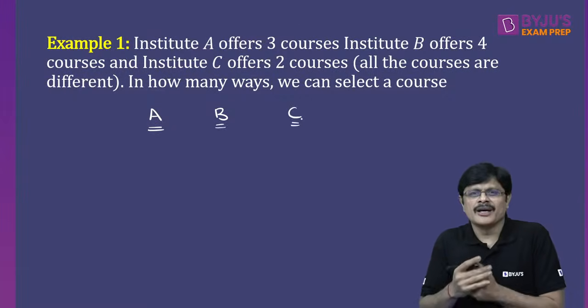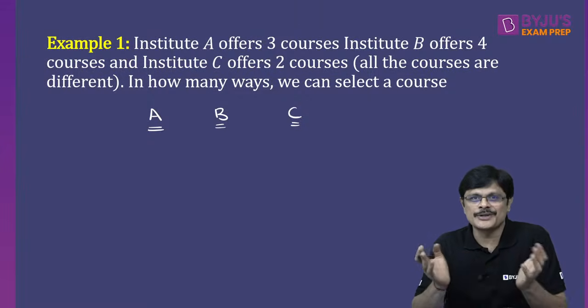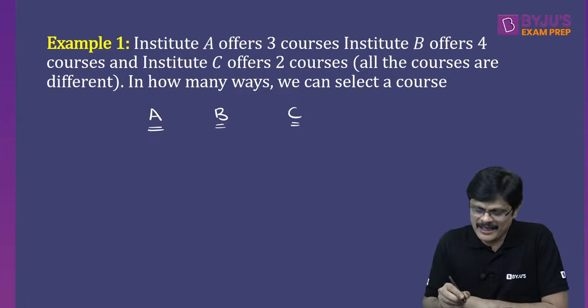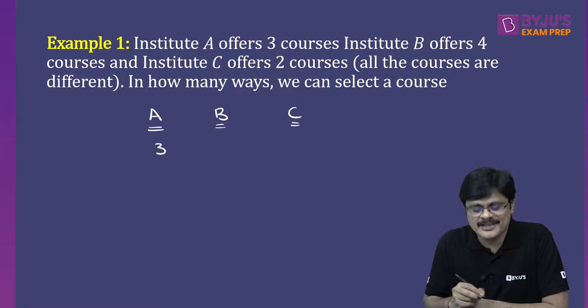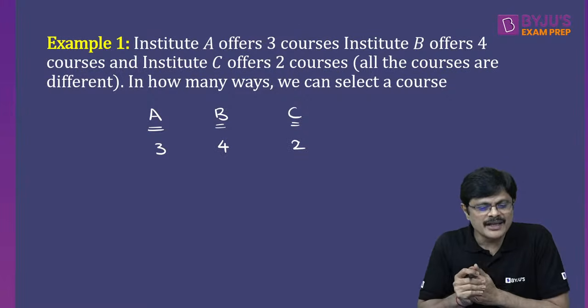Generally, after learning regular college courses, you may need to learn some additional courses which are very, very hot in the market. So you generally go for some institutes and they offer the courses. Like A is offering 3 courses, B is offering 4 courses, and C is offering 2 courses.